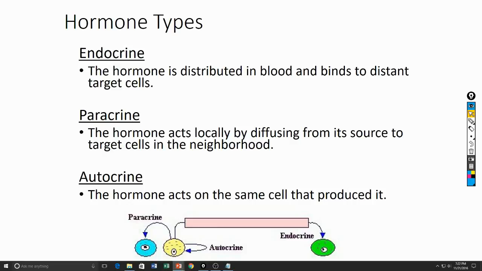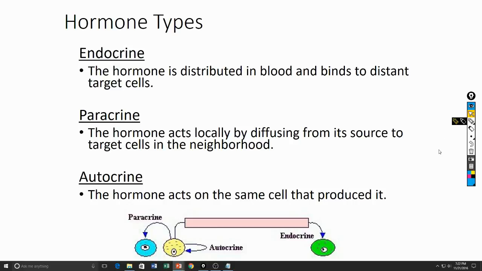Endocrine hormones are released out in the blood and then they circulate, whereas paracrine hormones are produced locally. They're produced by a cell that's adjacent or close to the target cell. And then autocrine hormones are hormones that are produced by a cell for the same cell. That's just a quick breakdown of those.